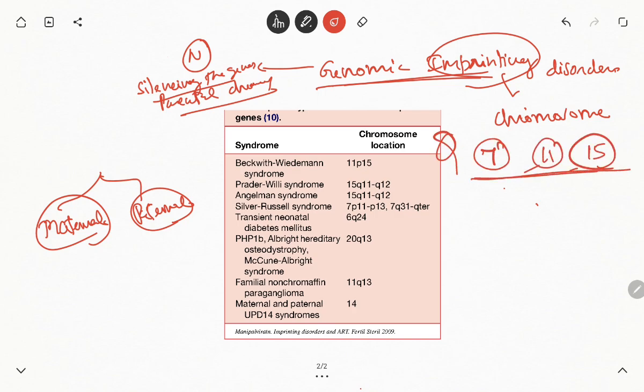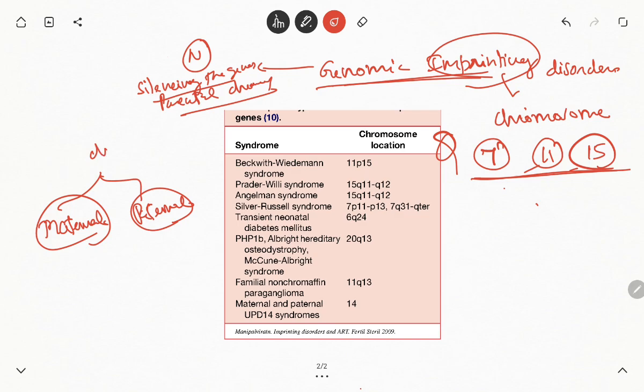Please remember this. Based on chromosomes 7, 11 and 15, there are many named syndromes, of which we will discuss the few syndromes that have been repeatedly asked in your exams.